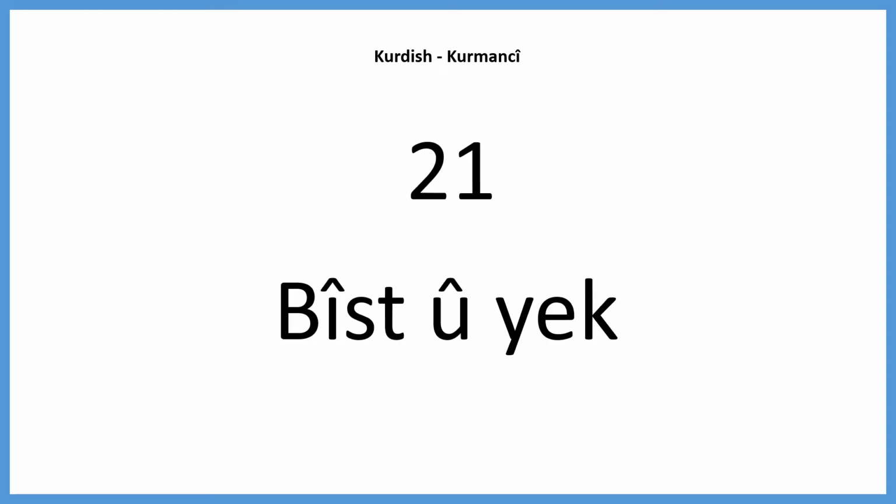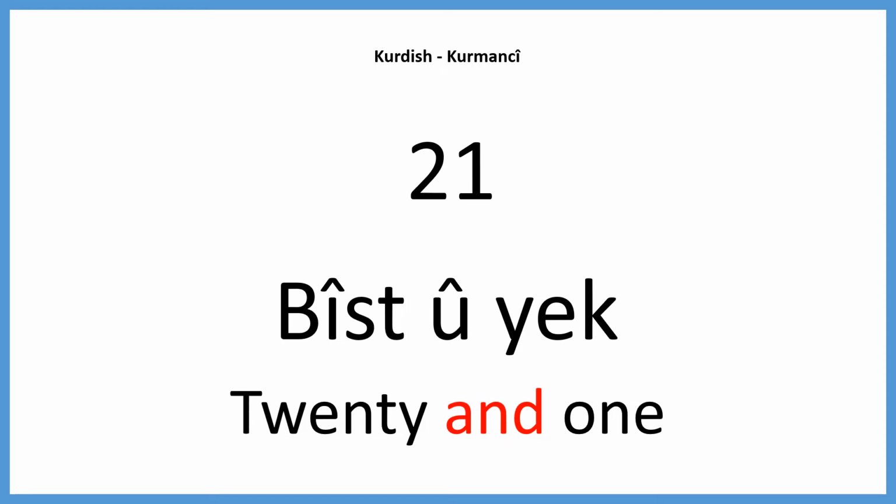The number 21 in Kurdish can be translated exactly to English as 20 and 1. The letter U, on its own, translates to and in English.